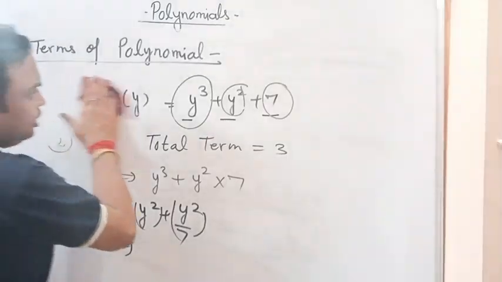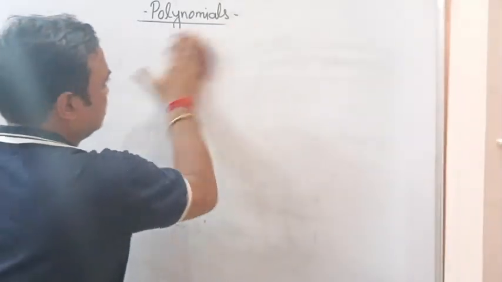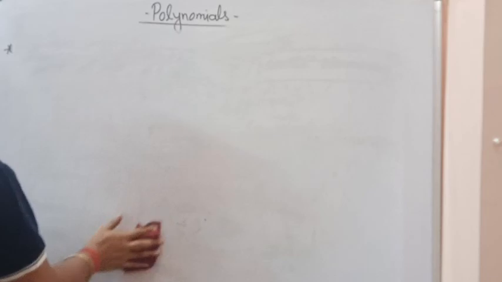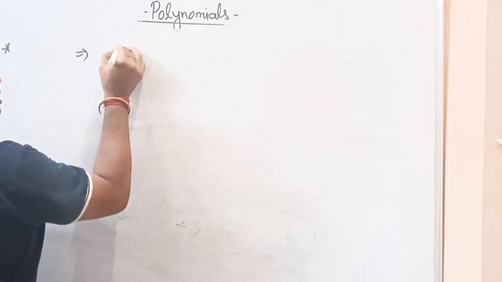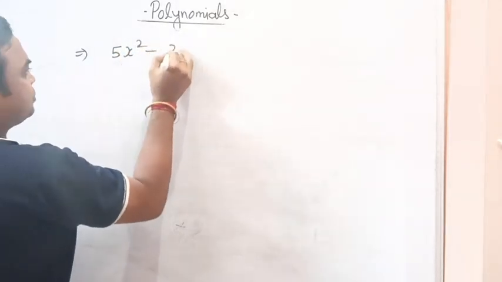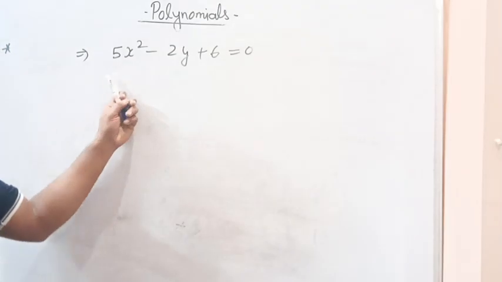Polynomial may be in one variable, maybe in two variables. It is not necessary that all the time polynomial is in one variable. Means in this way the equation may be given: 5x square minus 2y plus 6 equals 0. So here two variables are there.